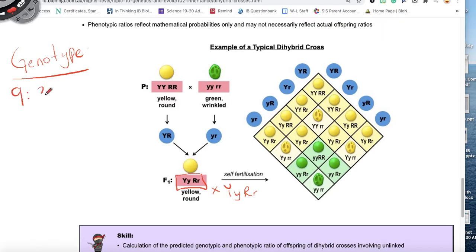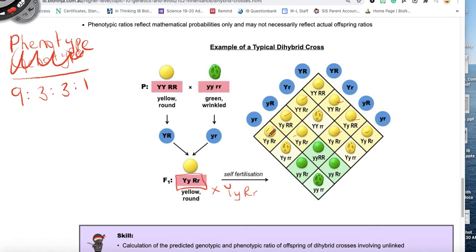Okay, 9:3:3:1, so might as well memorize that. 1, 2, 3, 4, 5, 6, 7, 8, 9. Sorry, not genotypic ratio, sorry, phenotypic ratio. I'm so sorry about that.